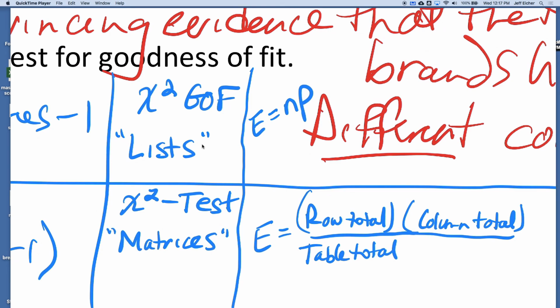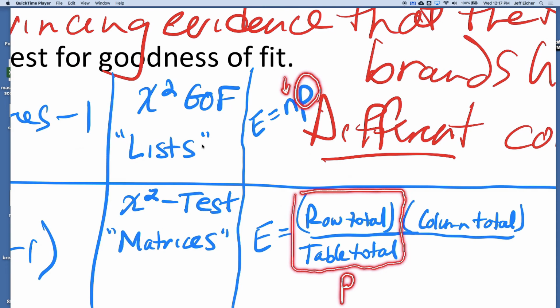Now, in a sense, they're actually really similar formulas because if you did the row total divided by the table total, that gives you a percent. So you're kind of doing the same thing. You have the percent times the number in the sample. Here's your percent times your number in your column. So they actually are really similar ideas of how to calculate that.